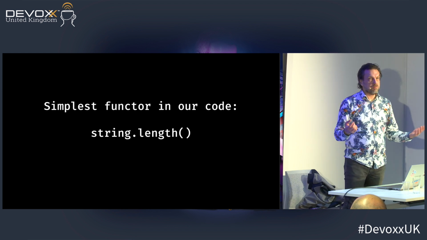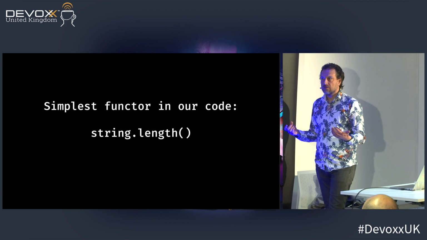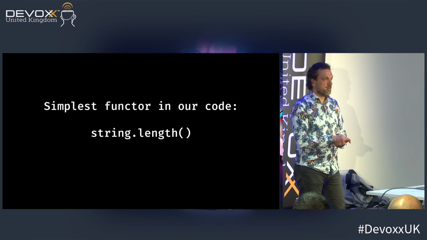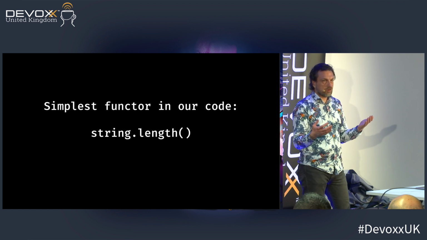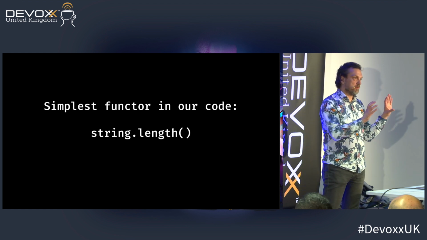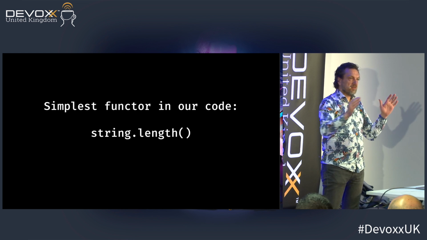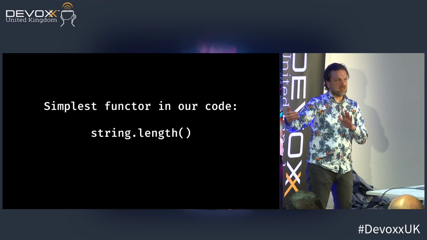And the simplest possible functor in our code is just when we take the length of a string. Because when we do the length of a string, we map from the category of characters to the category of integers.